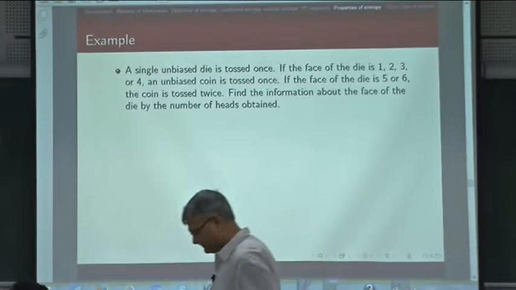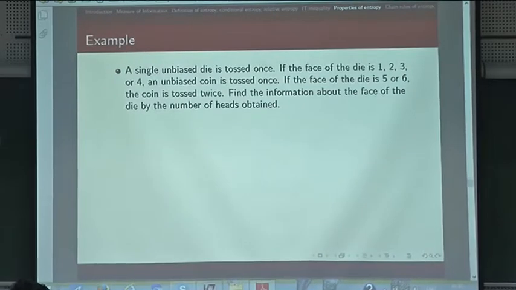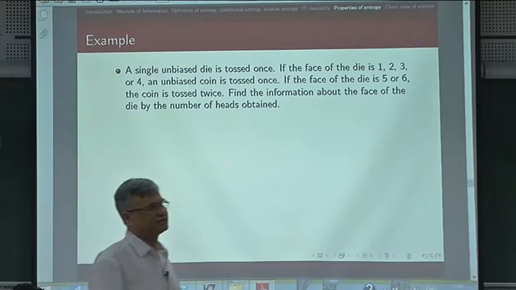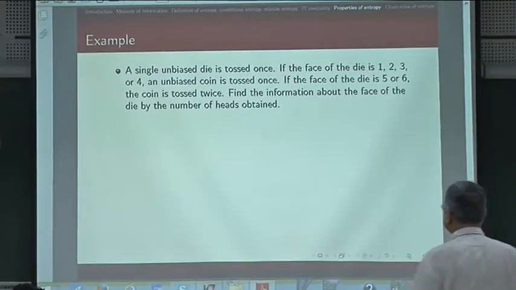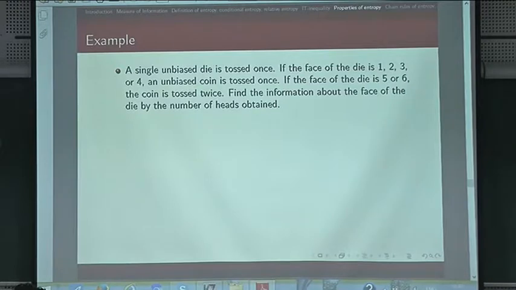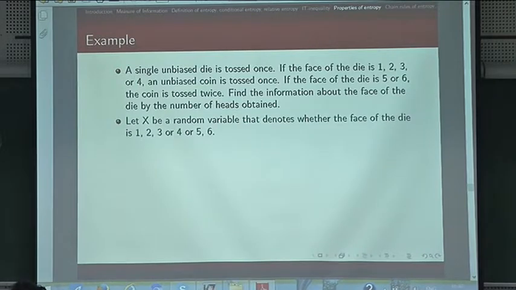Find the information about the face of the die given by the number of heads obtained. Now if you are told that 2 heads were obtained, or 1 head, or 0 heads, from that information tell the information about the face of the die. So let us do it.